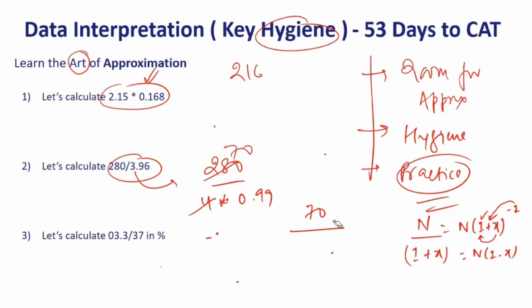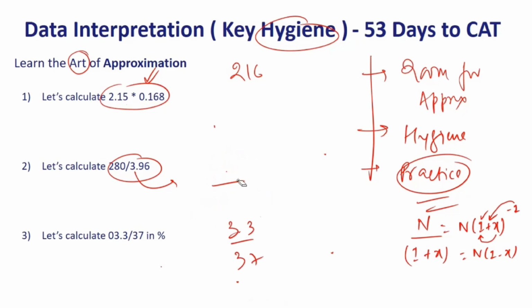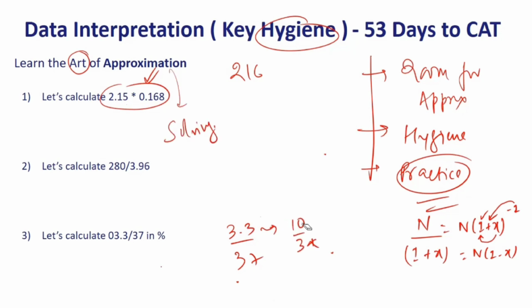Another example, 3.3 upon 37. Approximation is also about using what you know and being able to see patterns. So for example, 3.3 can be approximated as 10 upon 3. So 10 upon 3 and this is 37.